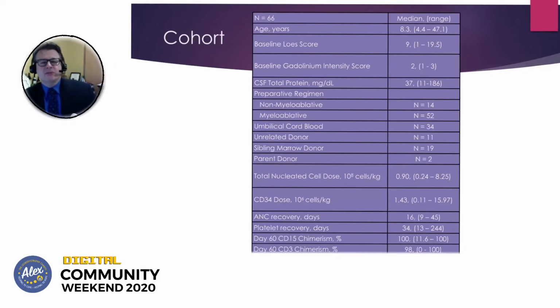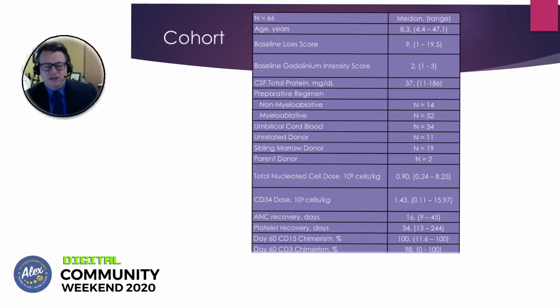So I'm going to tell you about a cohort of boys. There are about 66 boys in our study. These are just the demographics of the boys. The median age here is 8.3 years. The baseline LES score, which some of you might be familiar with, I'll cover the score in a few slides, was 9. The intensity score was 2.